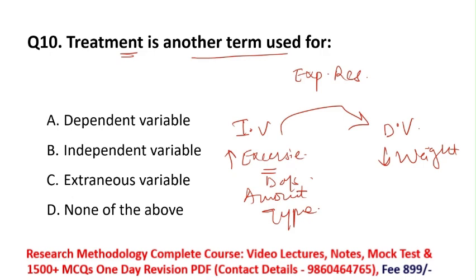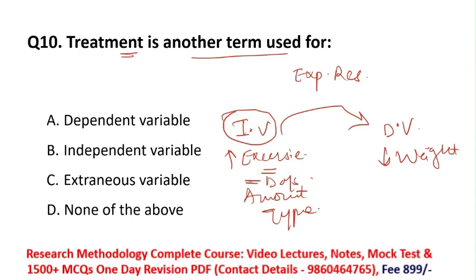So here, as you can see, I am doing treatment on my independent variable because I am changing it. First of all, I will see how many days I am doing exercise, Monday to Friday or Monday to Sunday.